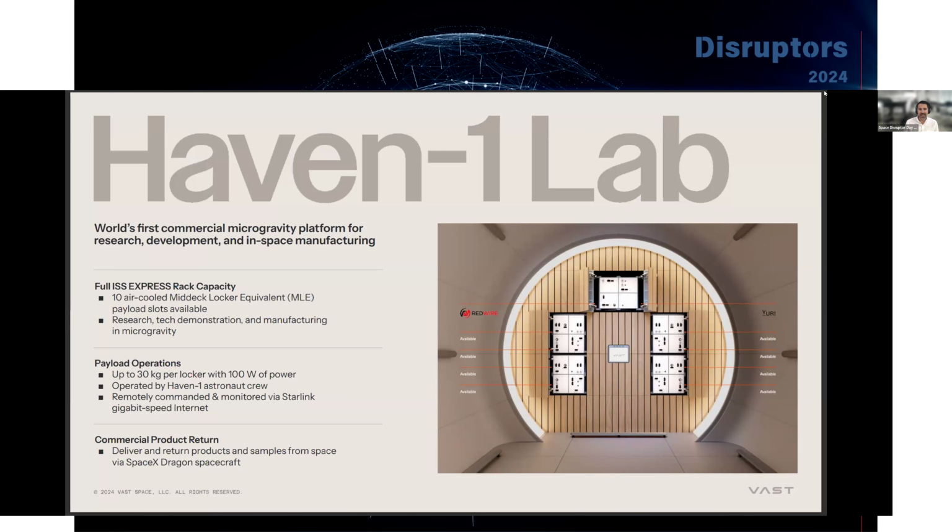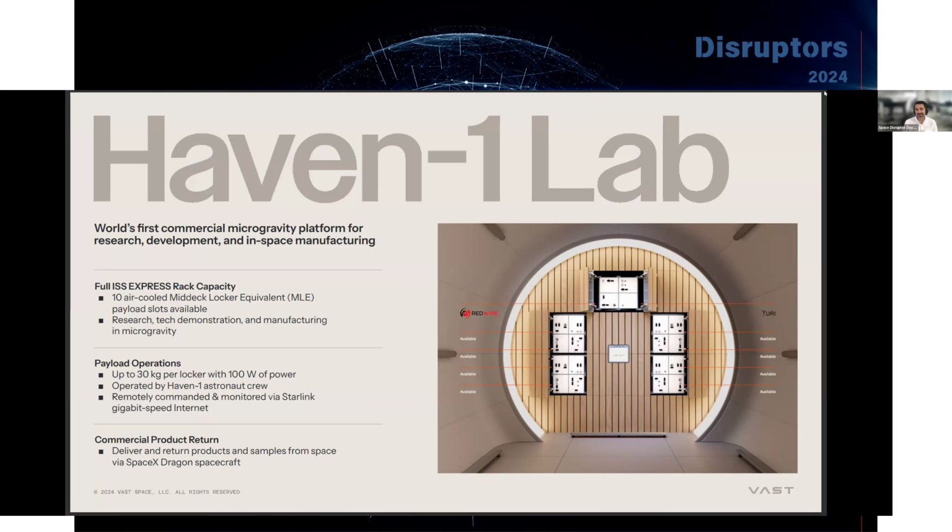One key element with the laboratory is that for the first time ever, there's almost little to no commercial restriction on what can actually be produced in space. Typical on the ISS, an incredible laboratory space, but most of the time the partners are prevented from commercializing or selling their product when they get back down.